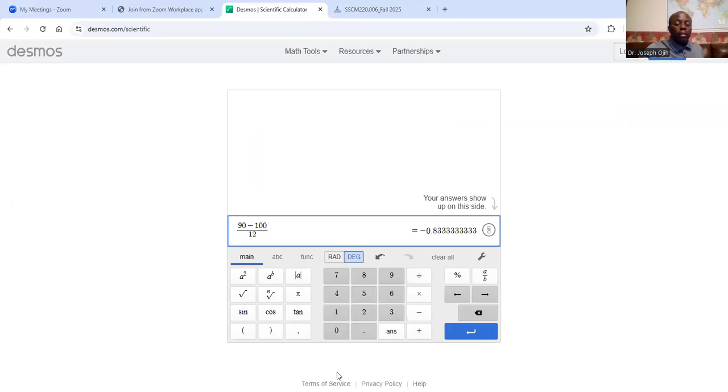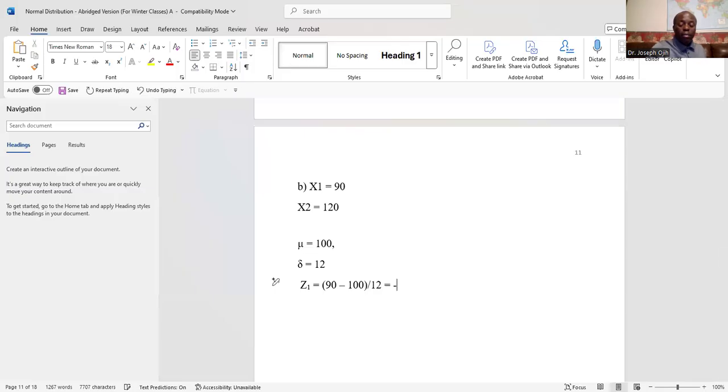Then Z2. Z1 is negative 0.83. And Z2 transformed is going to be X2, which is 120, minus 100, divided by 12.